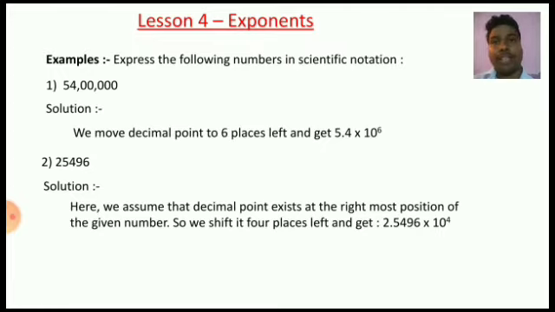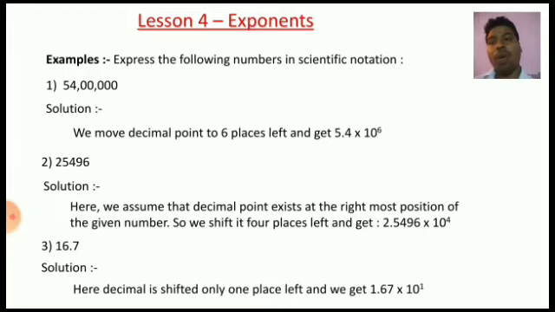Next example is 16.7. We have to express this 16.7 into scientific notation form. How do we express this? Solution: we move the decimal point only one place left. So we get 1.67 into 10 raised to 1.